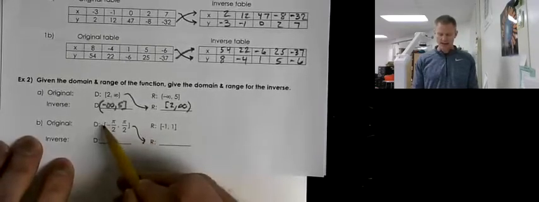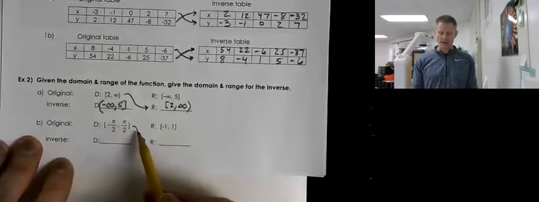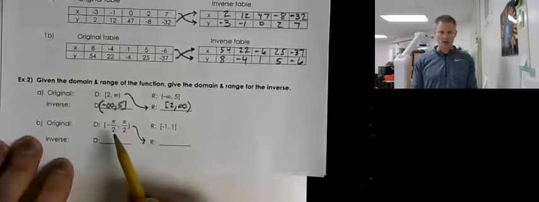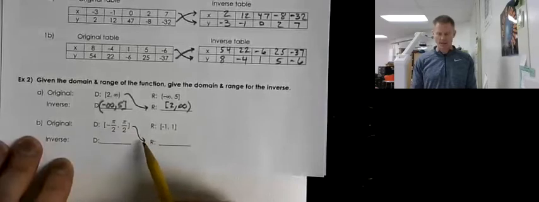Same idea here. Your domain of the original, those are your X values. So your domain is going to become your range because your X values become your Y values. And your range is going to become the domain.